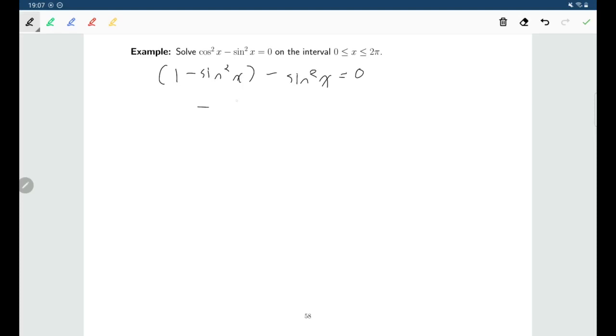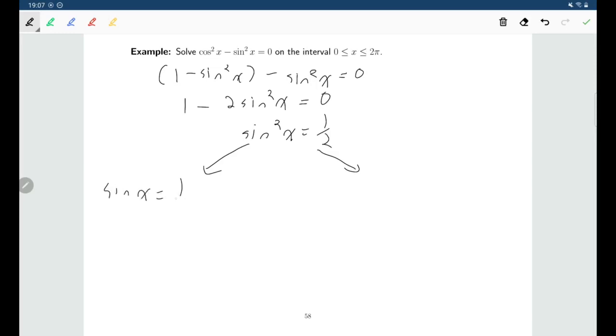And now I have just a single trig function, 2 sine squared x. And there we go. Now I just need to isolate my trig function. And when I do that, I'll find that sine squared x is equal to a half, which means that sine of x is equal to plus or minus the root of a half.